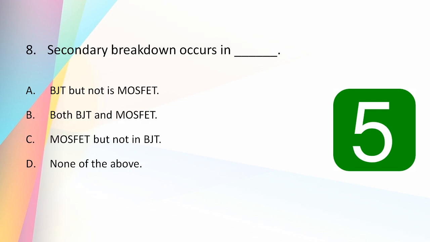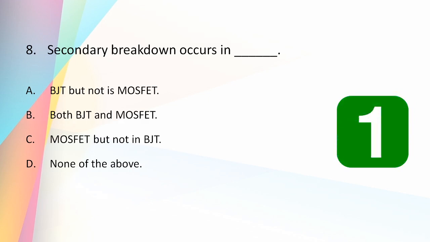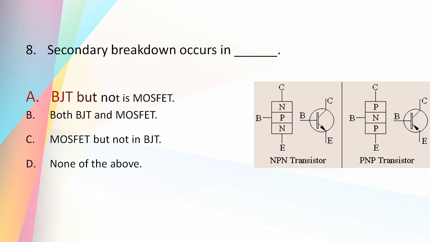Secondary breakdown occurs in: BJT but not in MOSFET, both BJT and MOSFET, MOSFET but not in BJT, none of the above. And the answer is BJT but not in MOSFET. Please read it as not in MOSFET. So secondary breakdown is caused by a localized thermal runaway resulting from high current considerations.